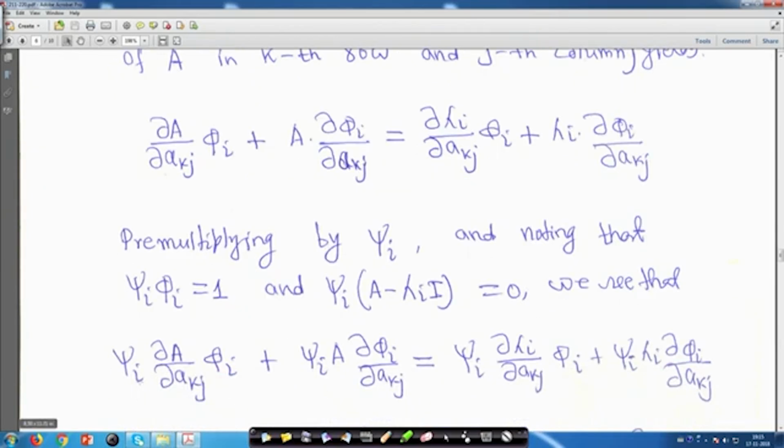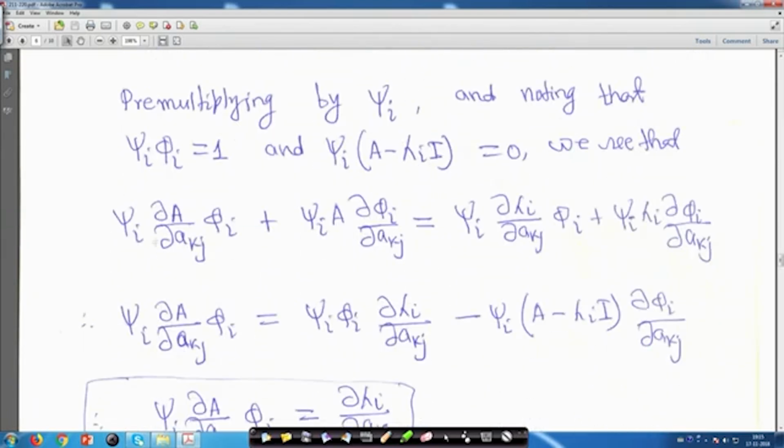So, multiply both sides by psi i. We get psi i delta A by delta a k j phi i plus psi i A delta phi i by delta a k j is equal to psi i phi i delta lambda i by delta a k j plus psi i lambda i delta phi i by delta a k j.